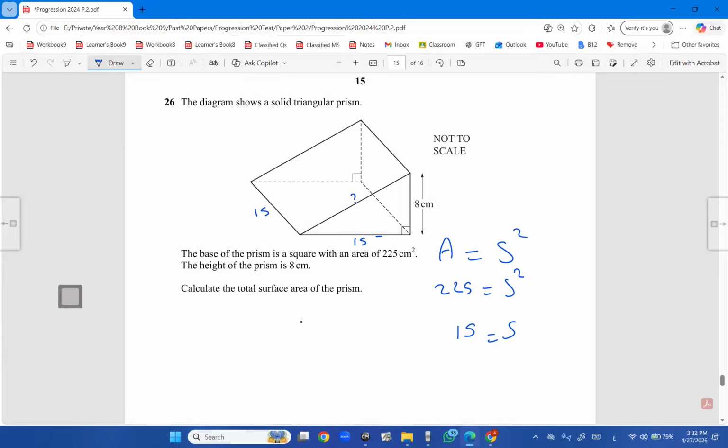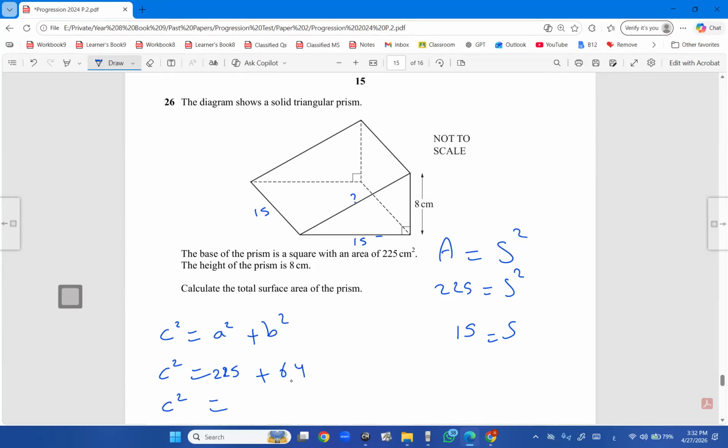We all should notice that this is the hypotenuse of this right-angled triangle. So you're going to find that c squared equals a squared plus b squared. C squared equals 15 squared, which is going to be 225, plus b squared, which is 64.